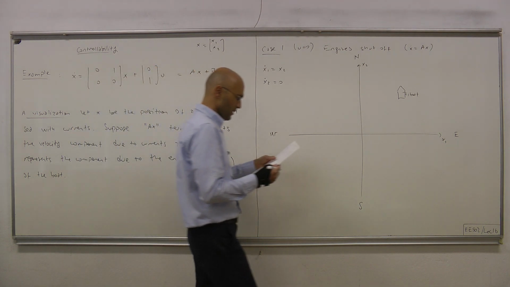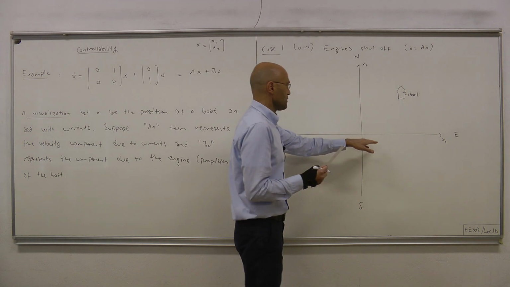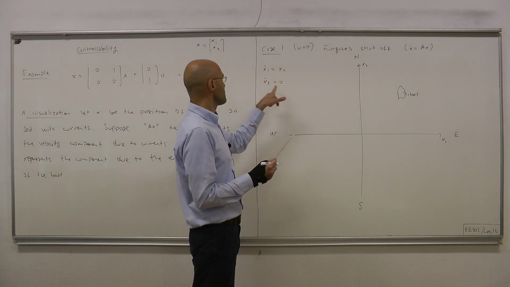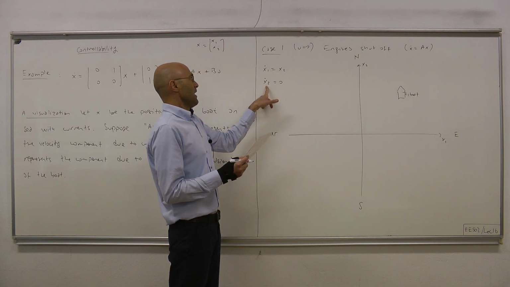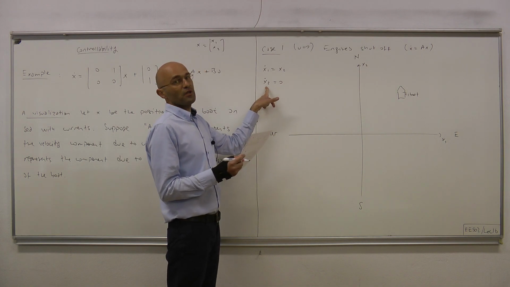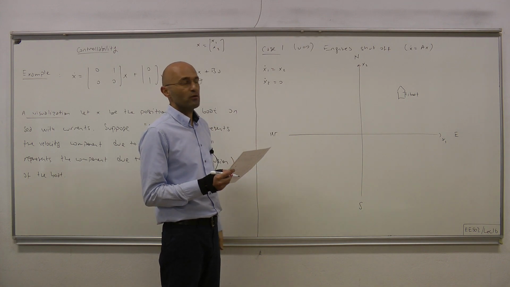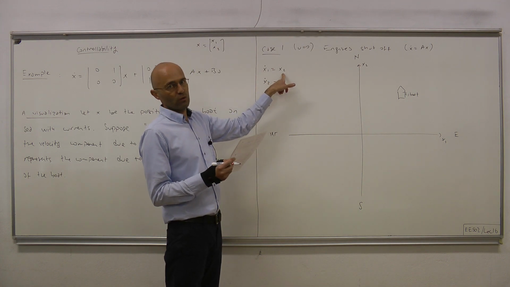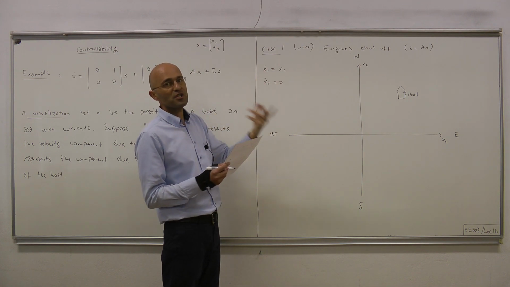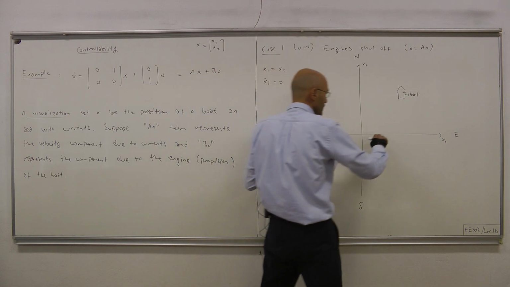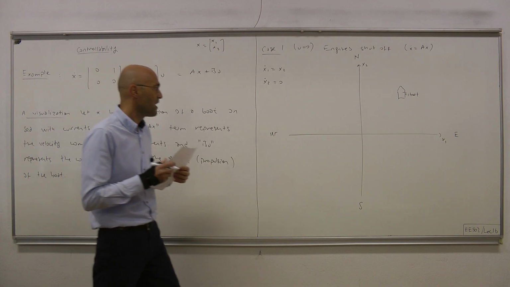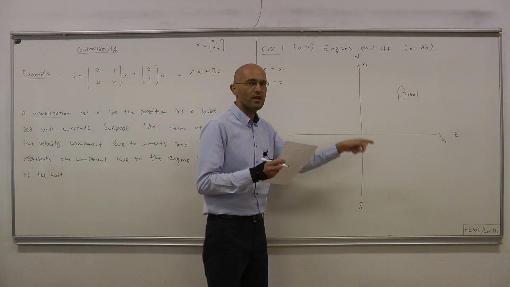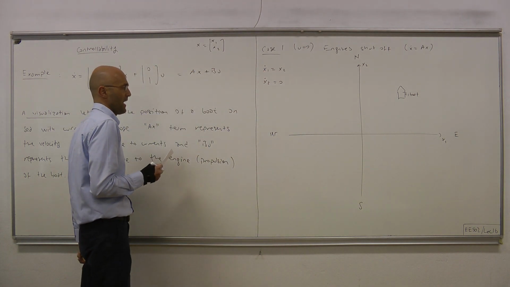So if you start where x2 is 0, since x2 dot is 0, x2 will remain 0 at all times, so x1 dot is 0 at all times. So x1 therefore is constant at all times. If you start on this horizontal line, you will stay there forever. In other words, there are no currents on the horizontal axis.